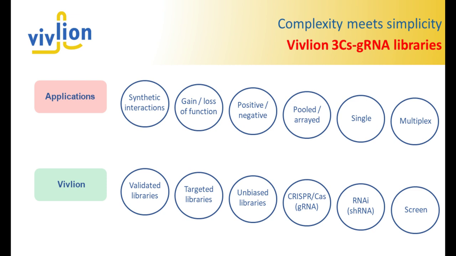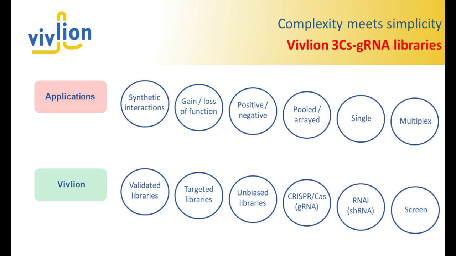You can do positive or negative screens depending on the phenotype that you are selecting. Of course, pooled or arrayed. This makes a big difference. Pooled reagents can be easily generated in single as well as multiplex formats, but arrayed libraries are easier to generate in single formats than in multiplex because numbers go up very rapidly. Of course, applications are single and multiplex screens.